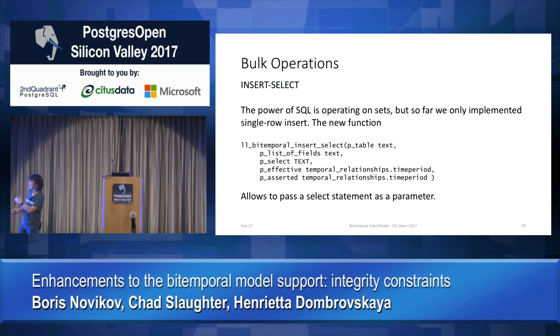So we added one more function, which is insert select. The second parameter is not the list of values we insert, but whatever SQL we can use to insert data. Or as well, we can insert a table of constant values.